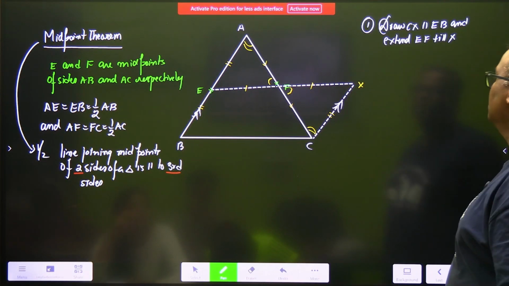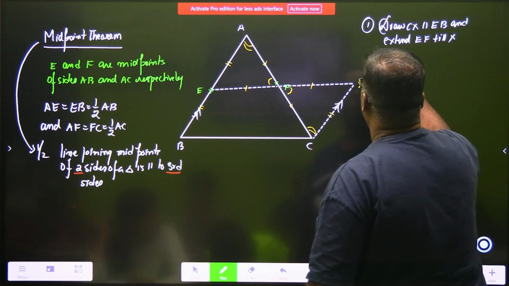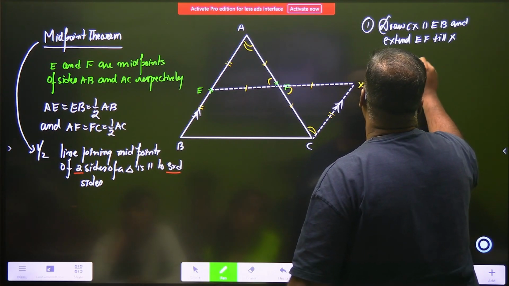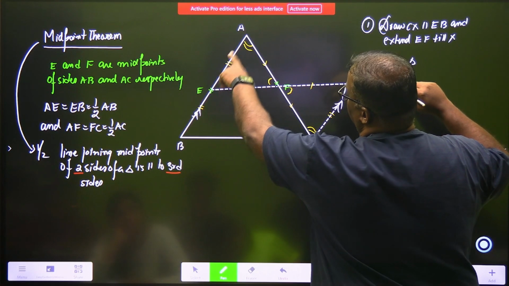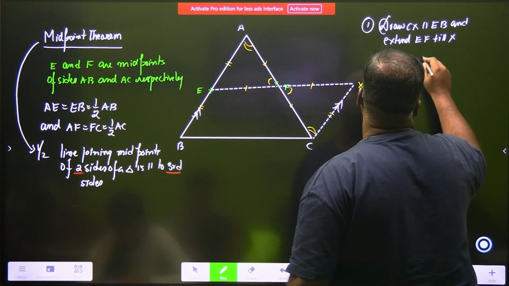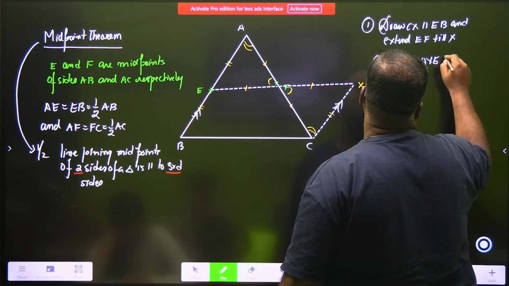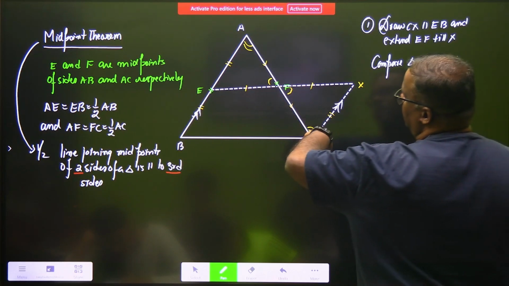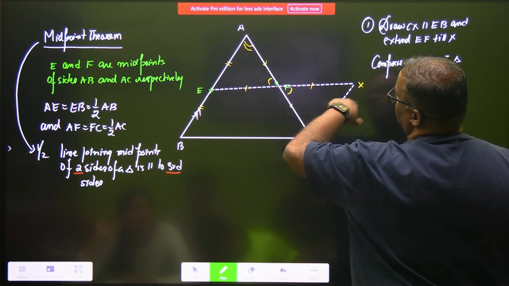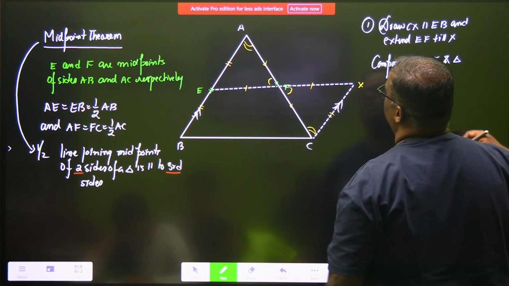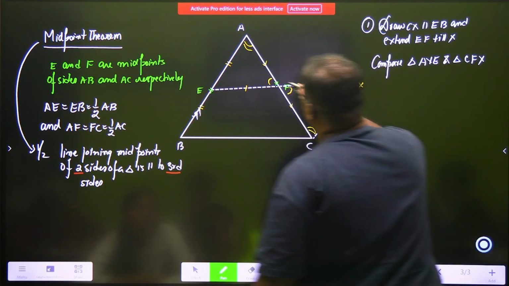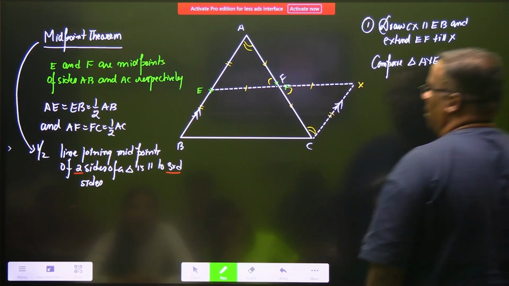Now we compare triangles. See the name of the triangle, AXE. Since we took AXE, here we will take CFX. This is F. This is our F portion.